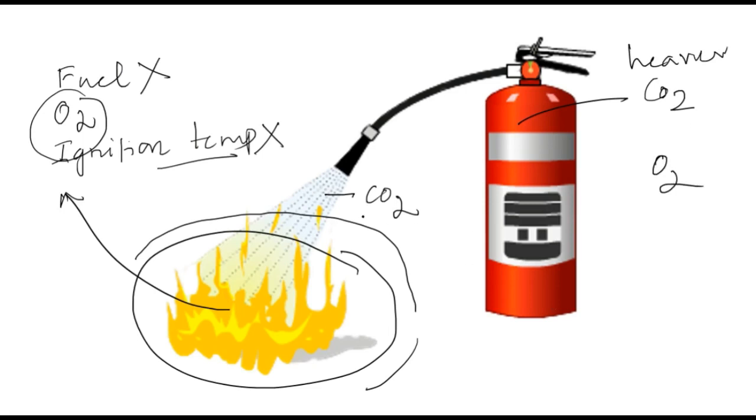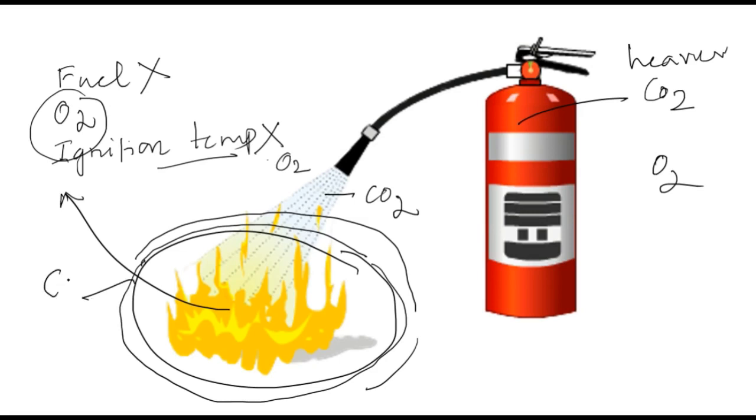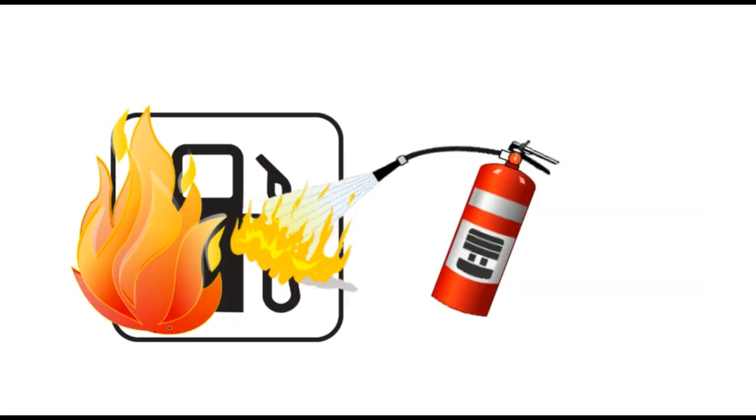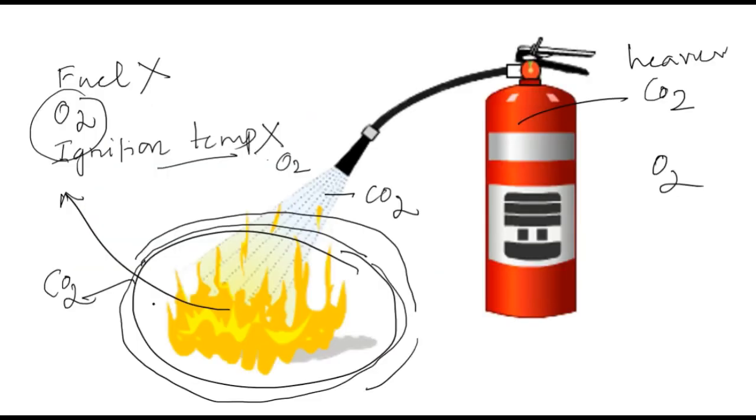Okay, so what happens? Oxygen will be on the top and carbon dioxide creates a layer here, a kind of envelope. So when I draw this line, understand that it's a carbon dioxide envelope. Like we have an envelope of carbon dioxide even in the atmosphere, and that doesn't allow the oxygen to get inside.